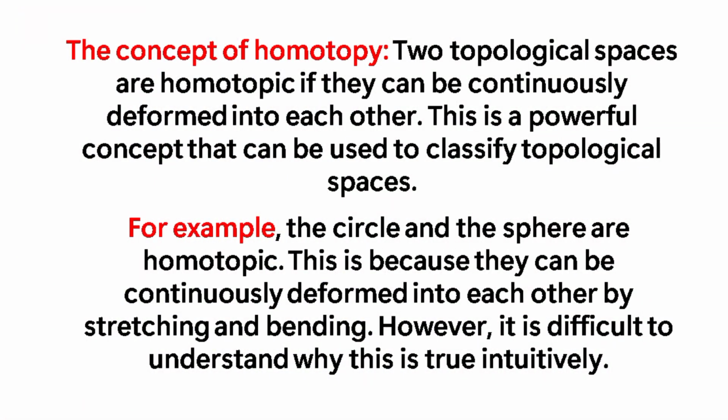Next on your screen, the concept of homotopy. Two topological spaces are homotopic if they can be continuously deformed into each other. This is a powerful concept that needs to be understood in topological spaces. You have not really learned this in Euclidean geometry or school level or high school level geometry.